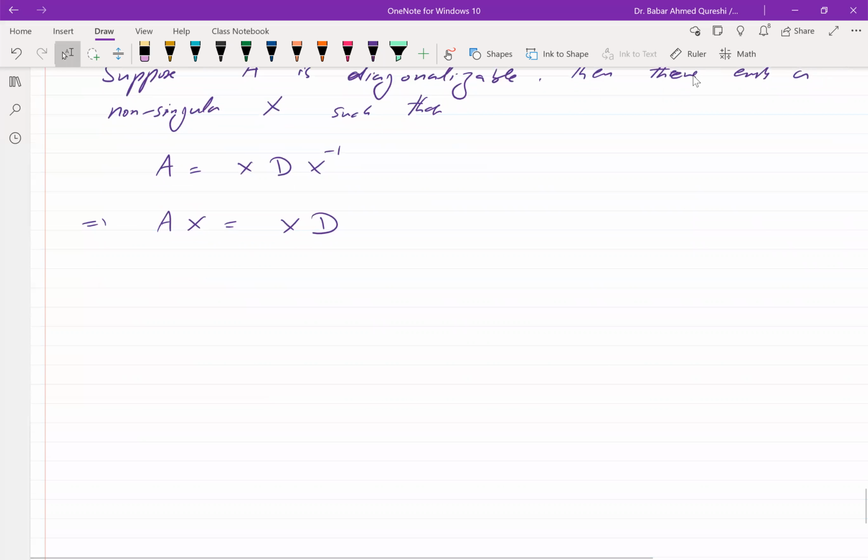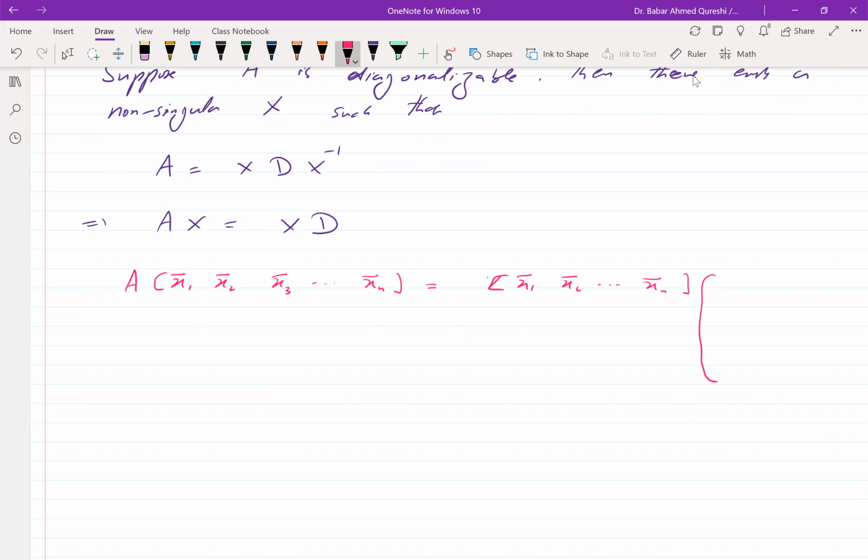But I can write this A in terms of its columns. And so over here also I write it in terms of its columns. And this D is diagonal.